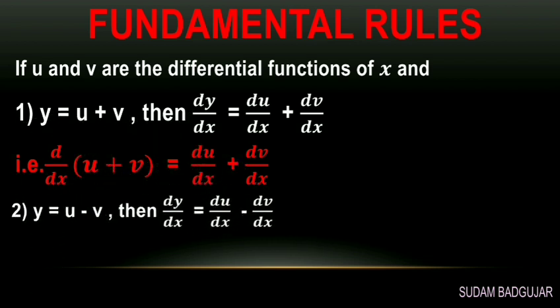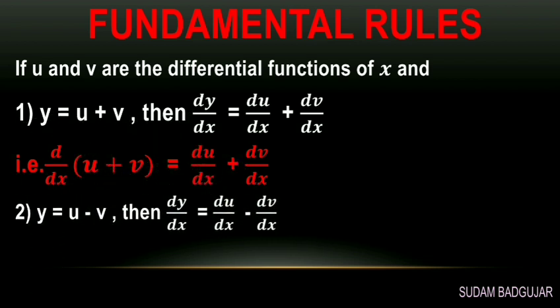Similarly, in subtraction form, y is equal to u minus v, then dy by dx is equal to du by dx minus dv by dx. That is, d by dx of u minus v is equal to the derivative of the first function minus the derivative of the second function. These are the addition as well as subtraction formulas, taking separate derivatives.